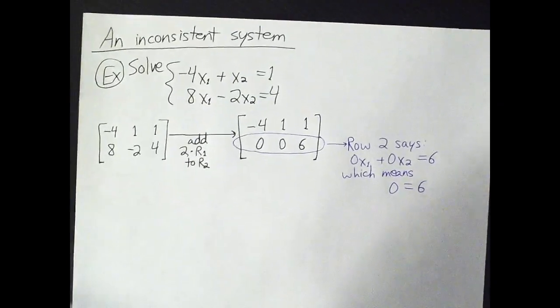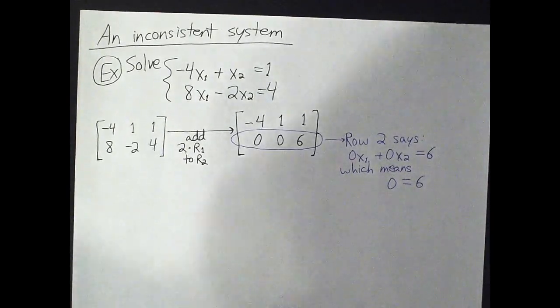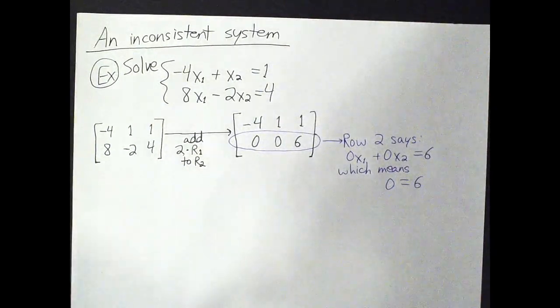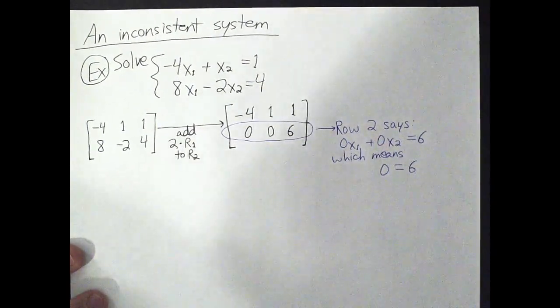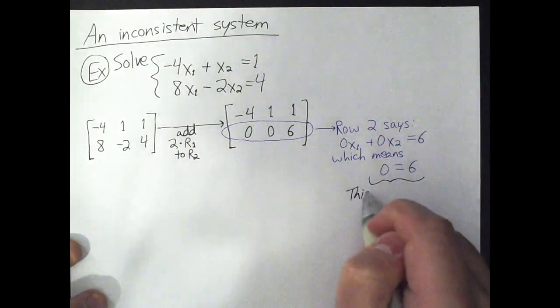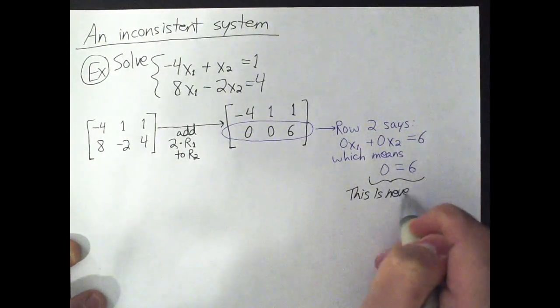The left-hand side is 0, the right-hand side is 6. Well, that doesn't seem right. This is actually never true. It's never true that 0 equals 6.